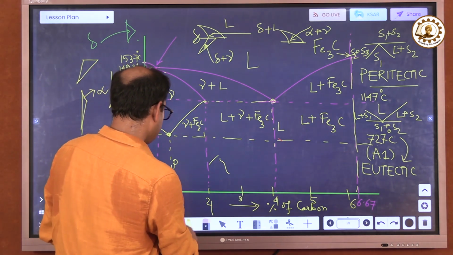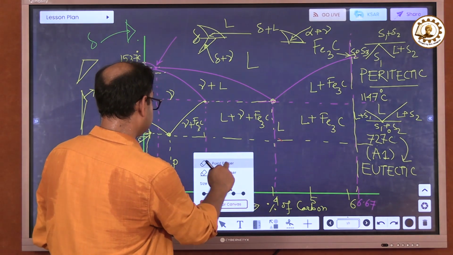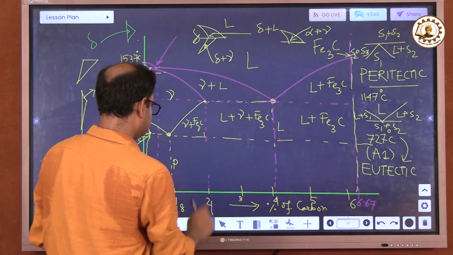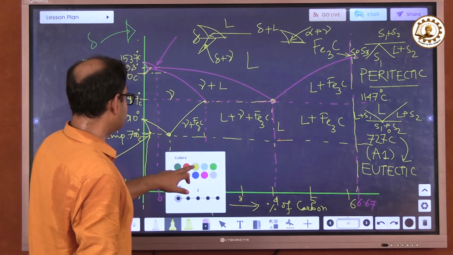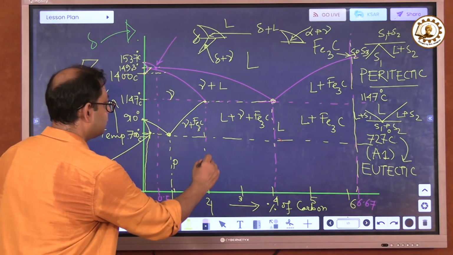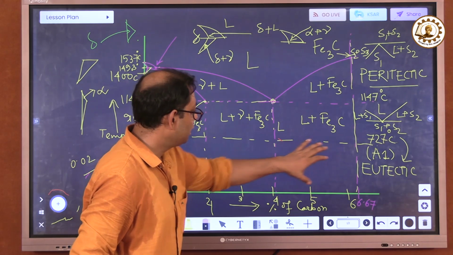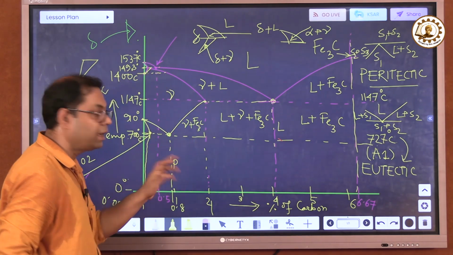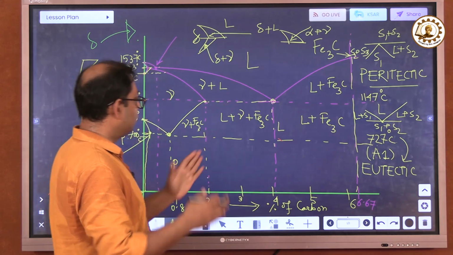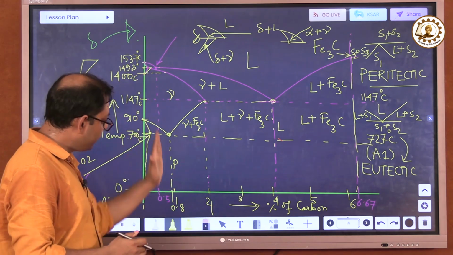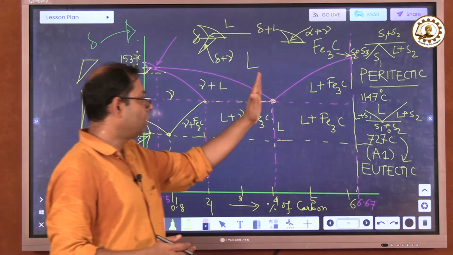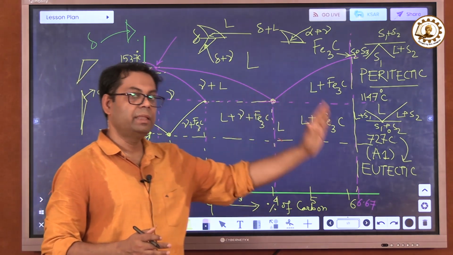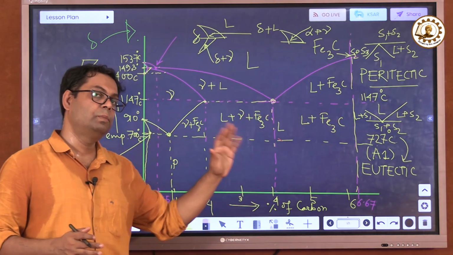Now, okay, so let us continue. If I consider this rectangular region and this one, what are there? So we already know that if we are considering the line of pearlite or line of ledeburite, anything above is called hyper, anything below is called hypo.